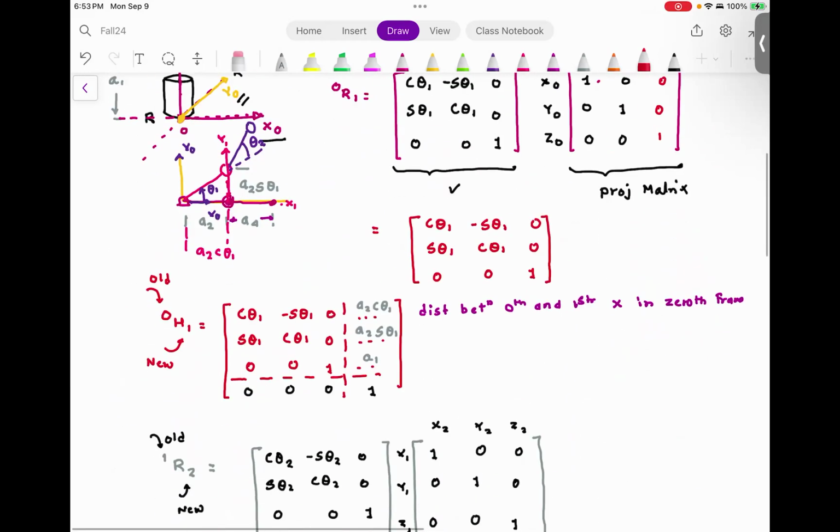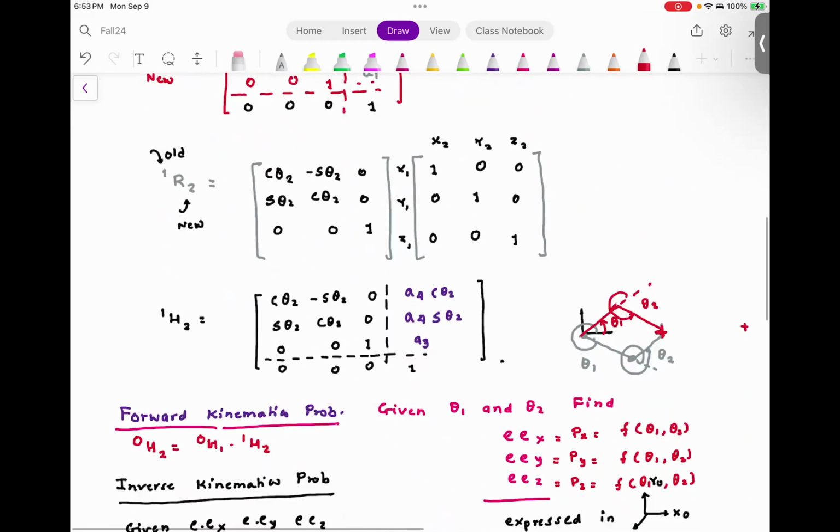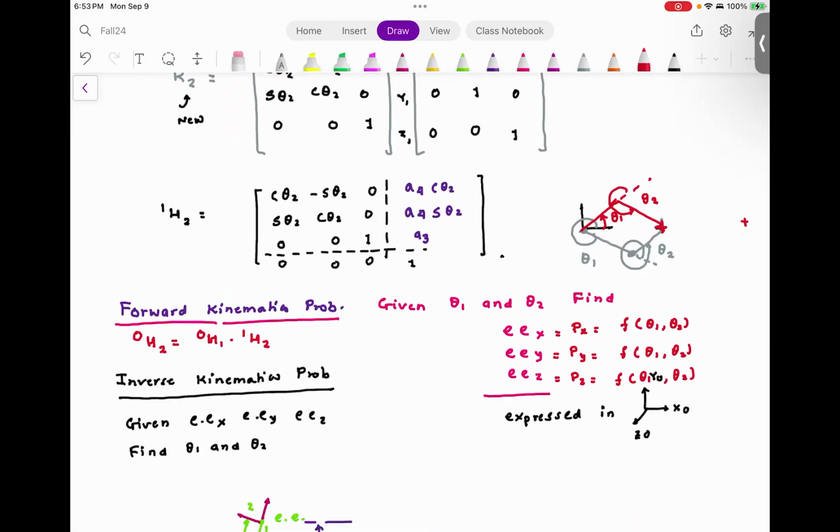Then find out 0H1, which is the homogeneous transformation. Homogeneous transformation captures the positional information and the rotational information. Then we multiply the homogeneous transformations. Imagine if I have 3 joints, then my final homogeneous transformation will be 0H3, which is 0H1, 1H2, 2H3.